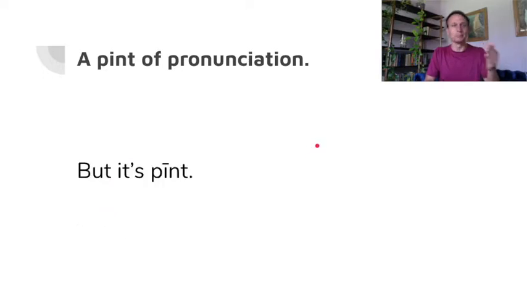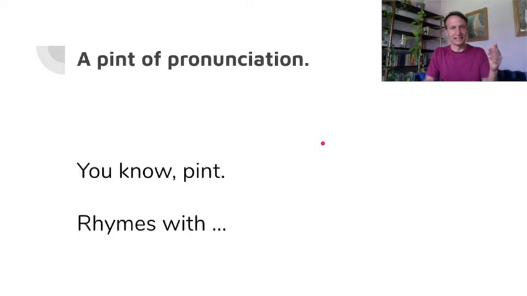But it's pint, with a long I. That's what that diacritical mark there means. It's a long I. So pint, well, that rhymes with nothing. Absolutely nothing. There are no common words anyway in the English language that rhyme with pint. Everything else that looks like pint is pronounced differently. That's why pint is so commonly messed up.